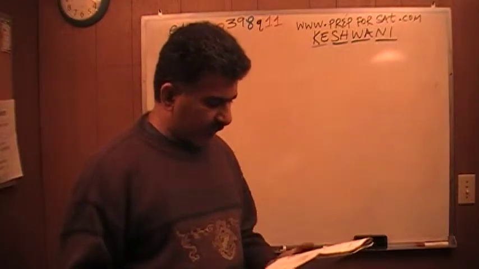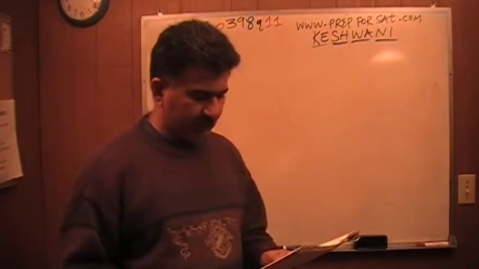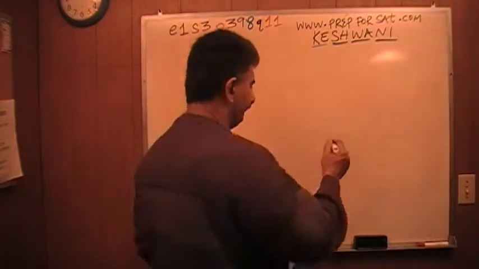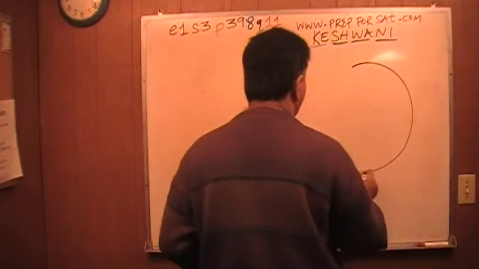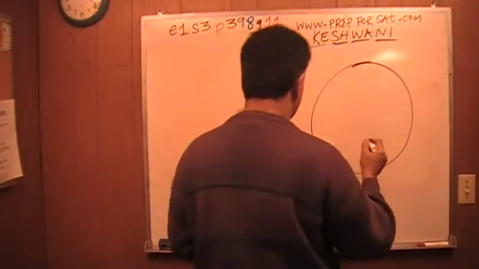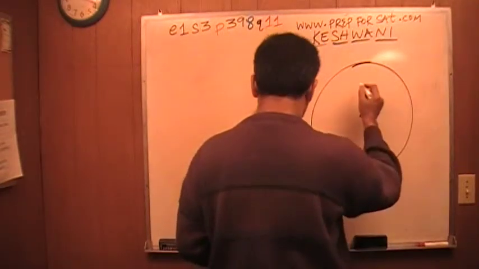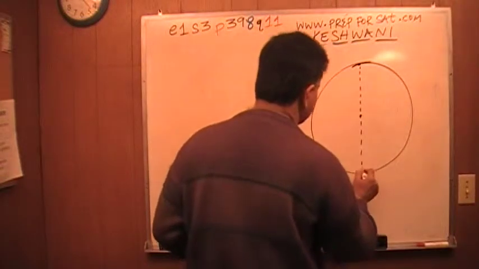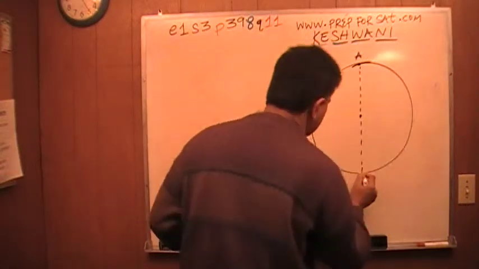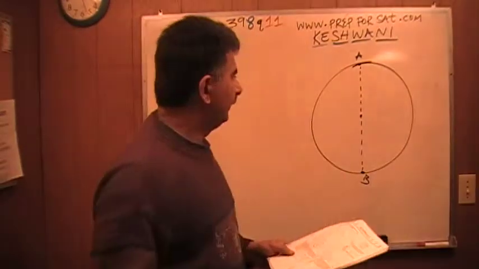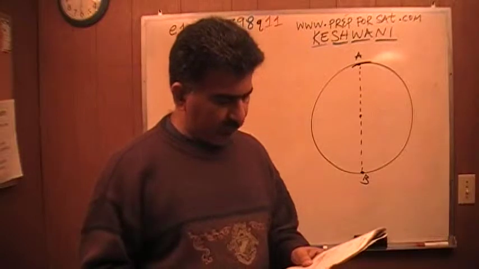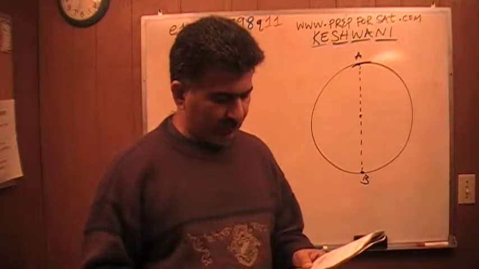It says the circle above has a center O and a diameter AB. The two semicircles have the diameter of OA and OB.